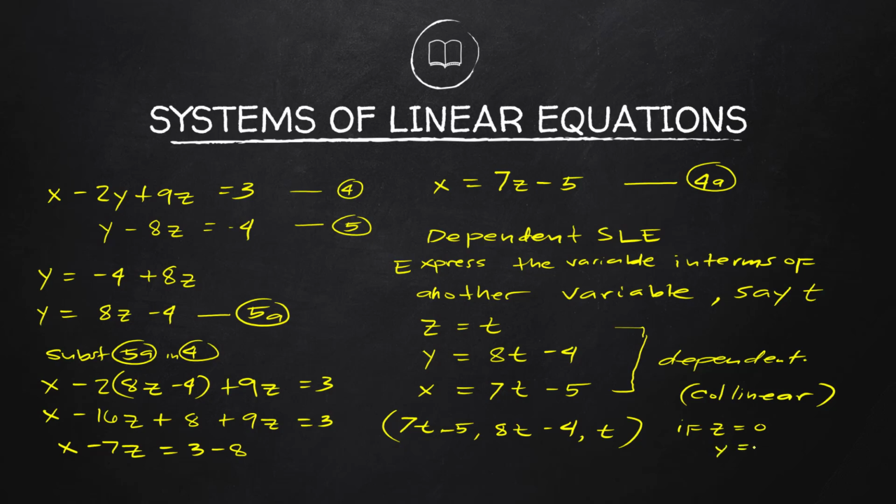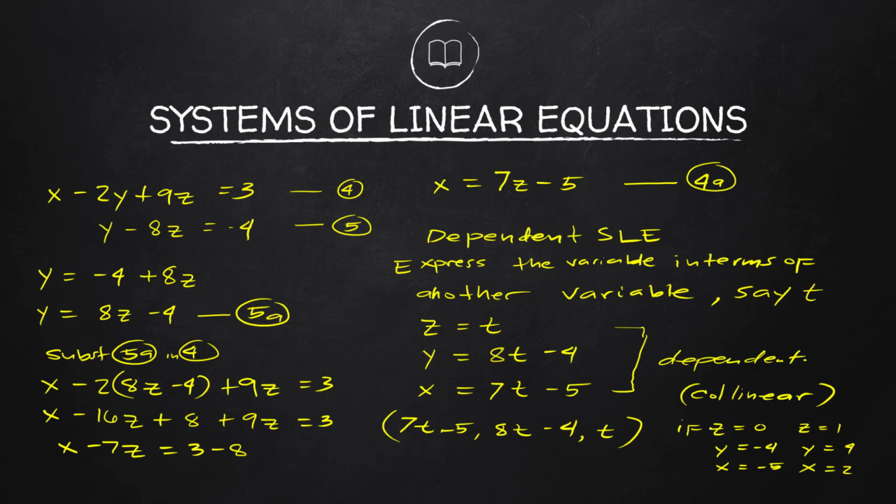We have y equal to -4, x is equal to -5. If z is equal to +1, you have y equal to +8 minus 4, that would be +4. And x is equal to 7 minus 5, which is 2.